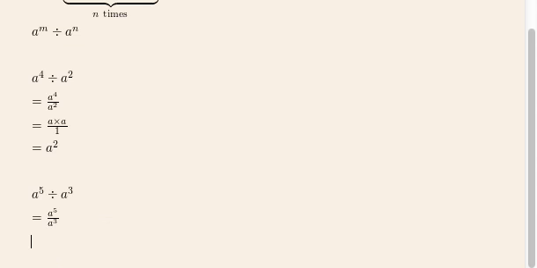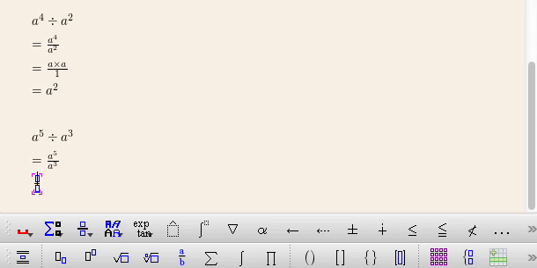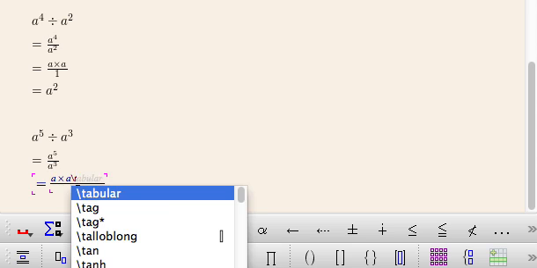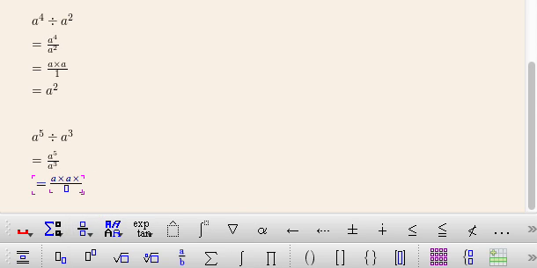And then expanding this, we get a fraction with a times a times a times a times a divided by a times a times a.